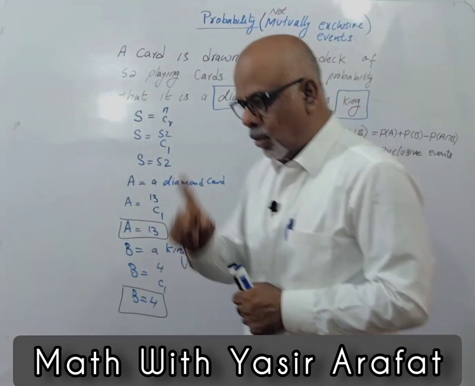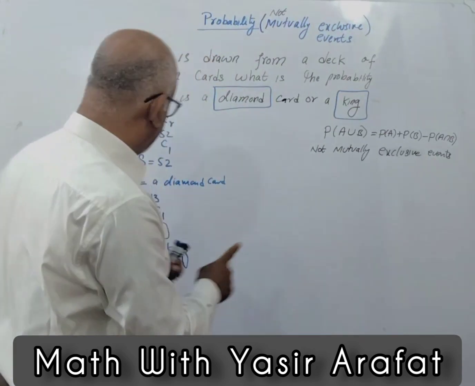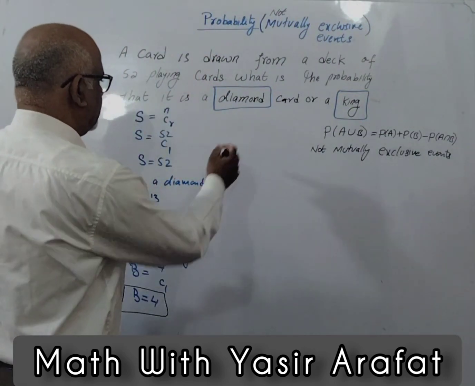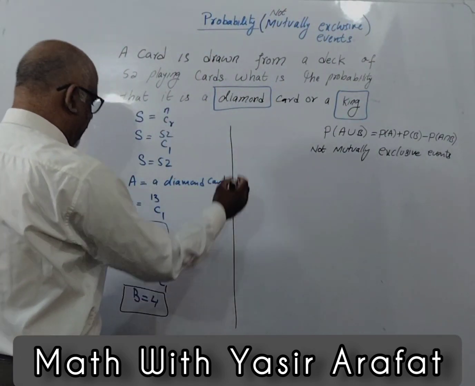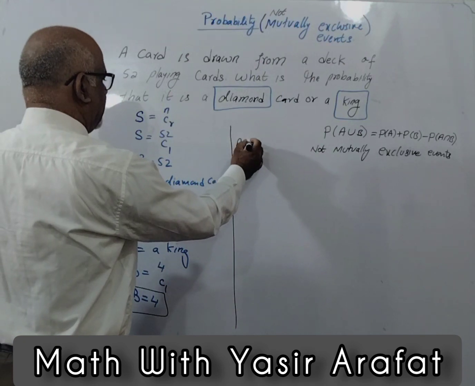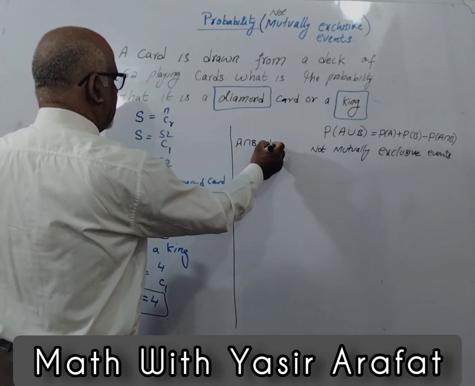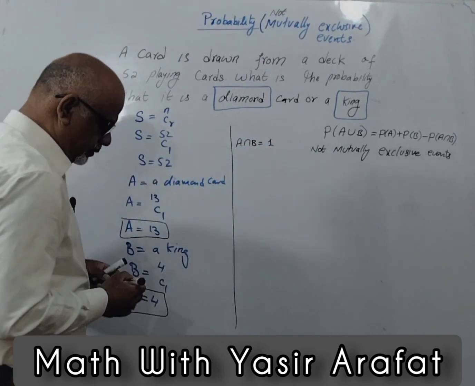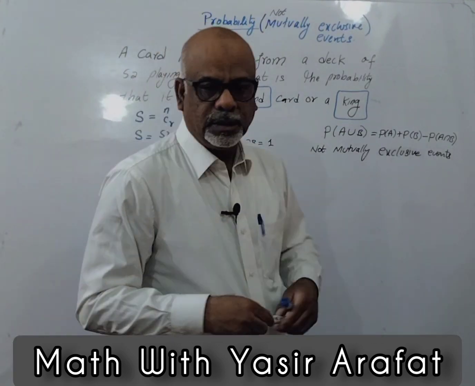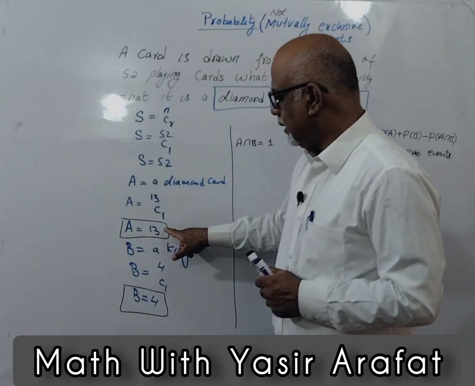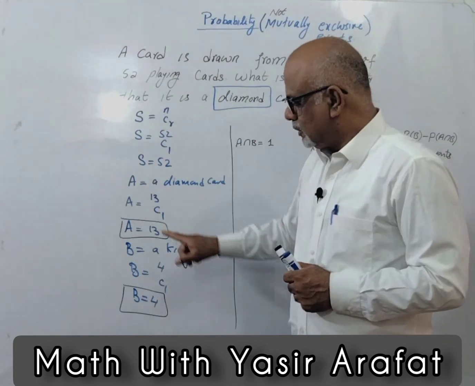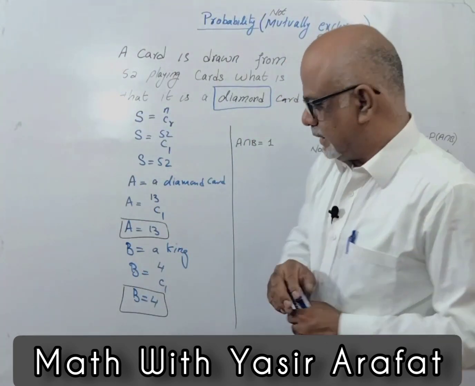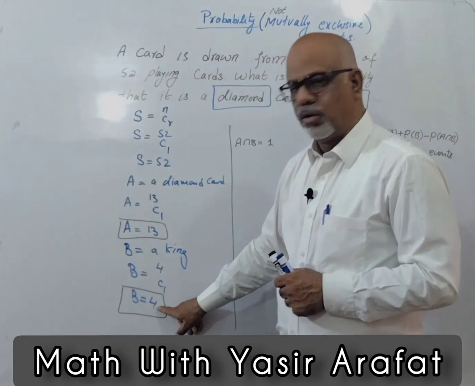That means 1 king is common between A and B. Focus on this point here, students. A intersection B, that is 1 king, because there are 13 cards in which one king is there and there are four kings.